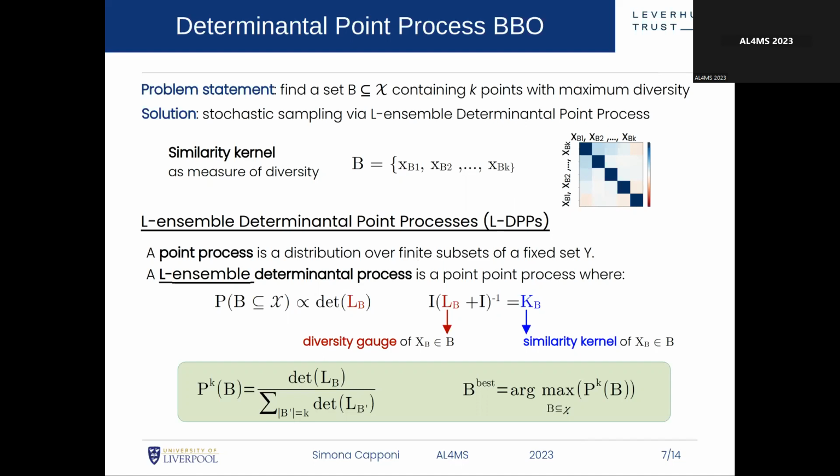It's even more convenient the fact that there is a mathematical way to prove that the batch which has the most diverse set of points is the one which maximizes the probability, which is defined by this equation, which is shown here on the left-hand side.